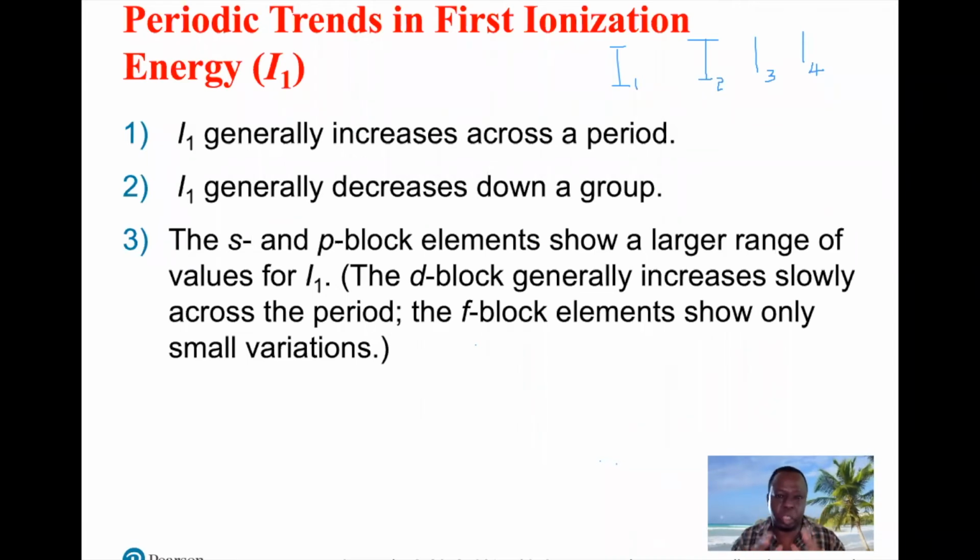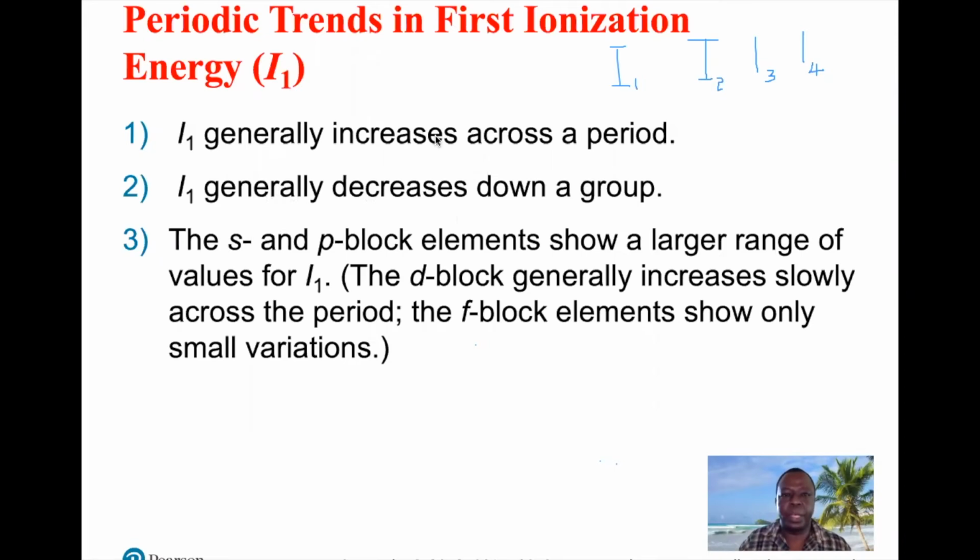There is shielding of that outer electron, and therefore it is very easy to remove that one electron because of the shielding effect. Therefore, what does it do? It decreases down a group.